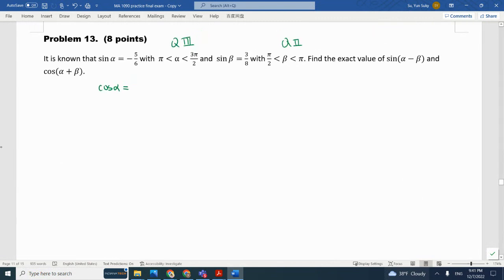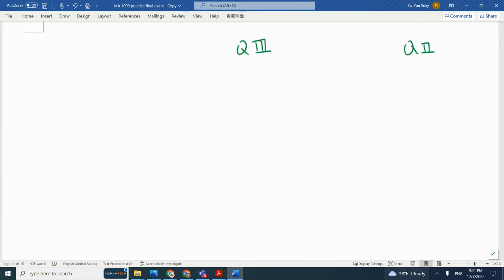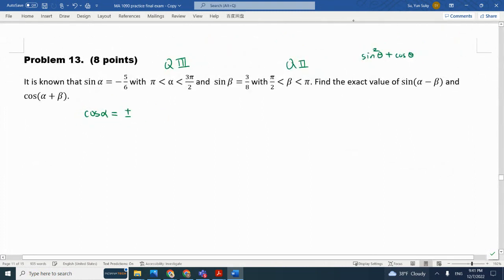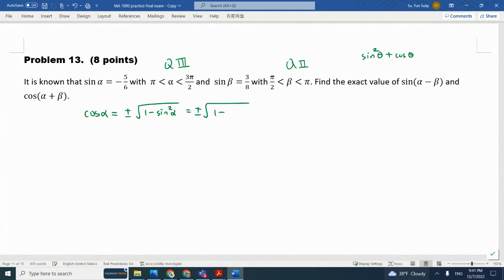You know, sine squared plus cosine squared equals 1. So cosine alpha is plus or minus the square root of 1 minus sine alpha squared, which is negative 5 over 6 squared. 5 squared is 25. Negative 1 squared becomes 1, but you still have a negative 1 in front. 6 squared is 36.